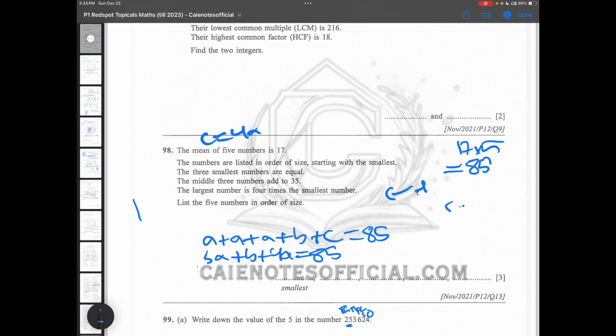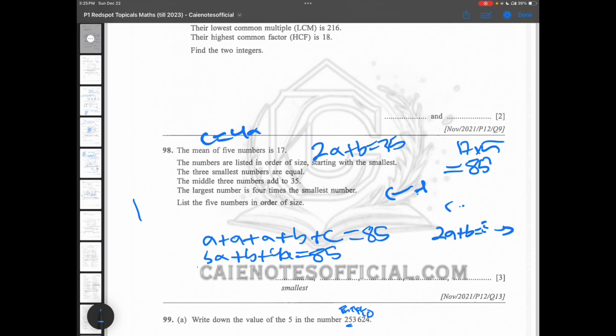It means if I add 2A plus B, this will be equal to 35.